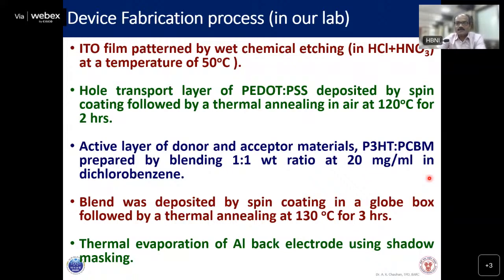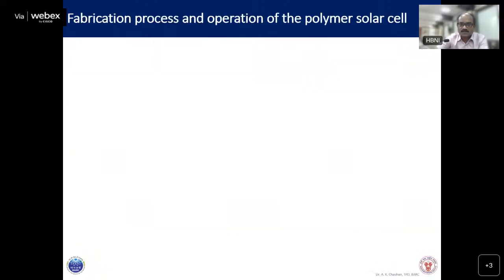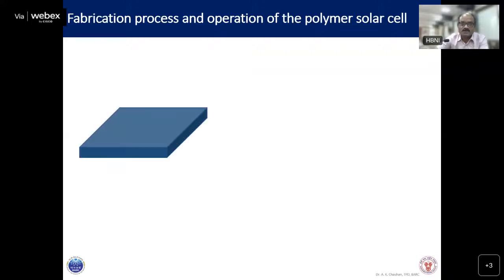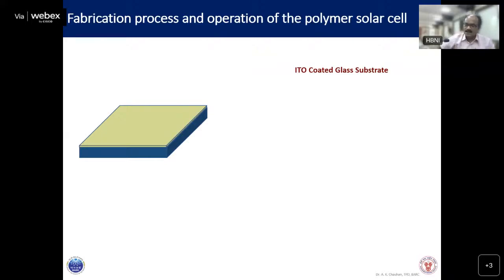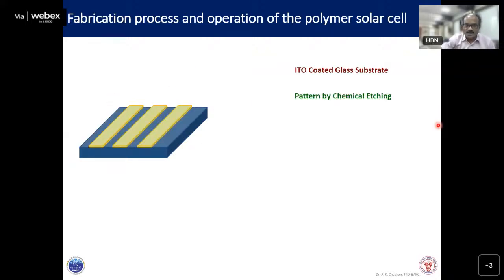In animation, I can just show these processes one by one, step by step. So suppose this is a glass, and it is ITO coated glass we get from the market. By chemical etching, so how do we do chemical etching? You put some strips and dip it inside the appropriate chemical, which includes acid also.